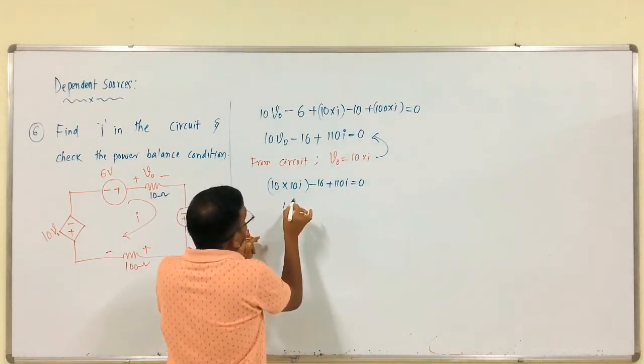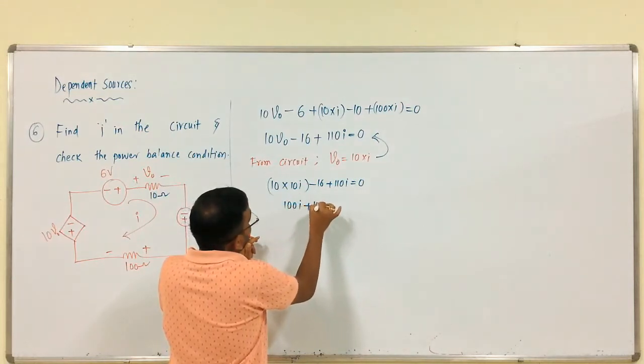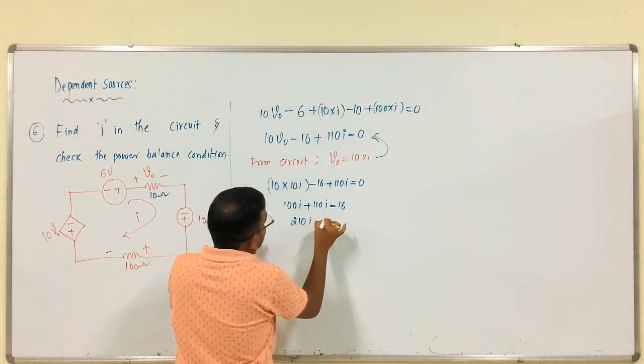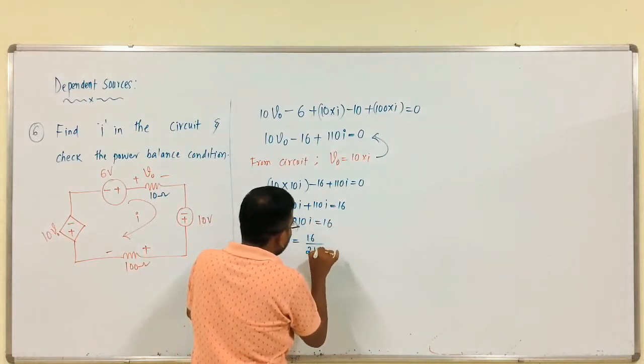That is 100 I plus 110 I is equal to 16. 210 I is equal to 16. Therefore, I is equal to 16 by 210.